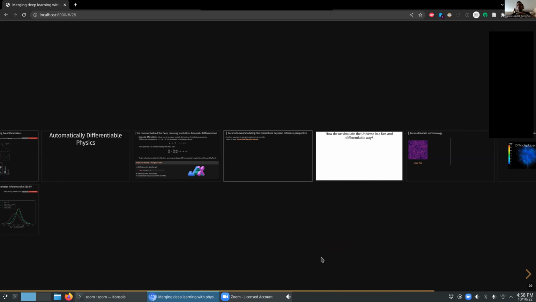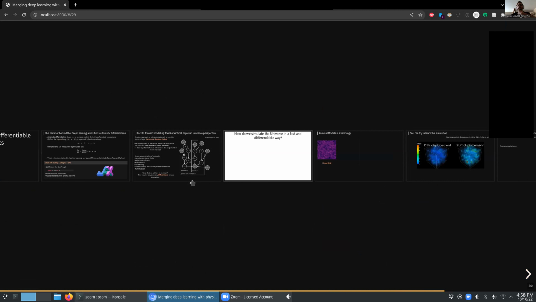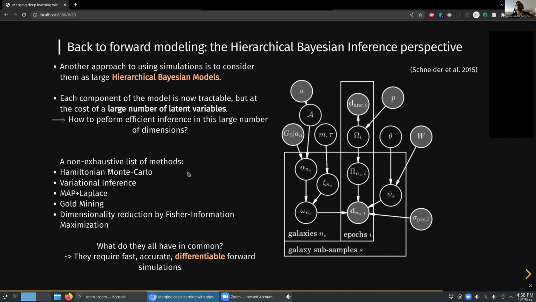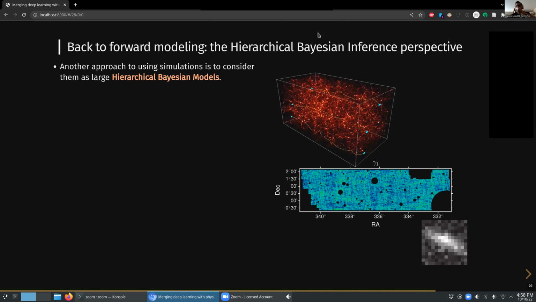And the way that I prefer is by doing hierarchical Bayesian inference, where you build a simulator for your data, but that simulator is itself just a big Bayesian model that is written in a framework like TensorFlow or JAX, so that you can take gradients through your Bayesian model, and you can take derivatives of the likelihood with respect to all of the parameters that are involved in the simulation.